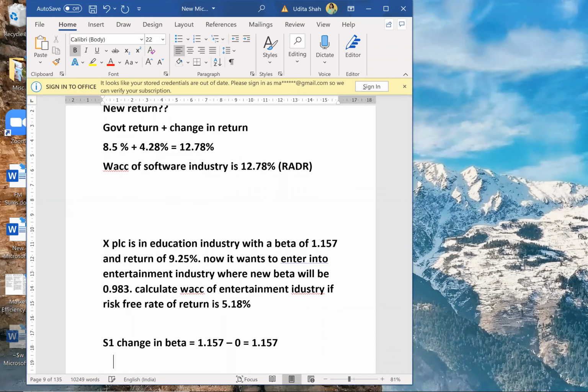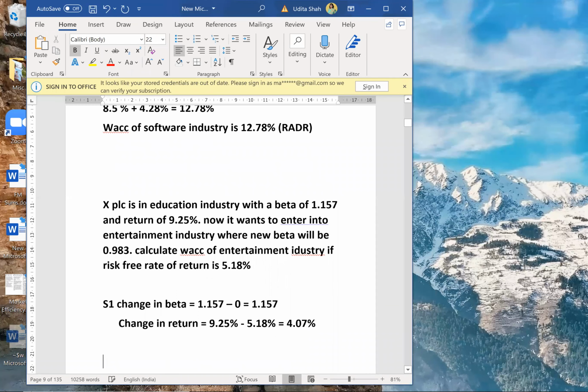For that, change in return is 9.25% minus, what was the government return? Government return was 5.18%, correct? So 9.25 minus 5.18, 4.07%.